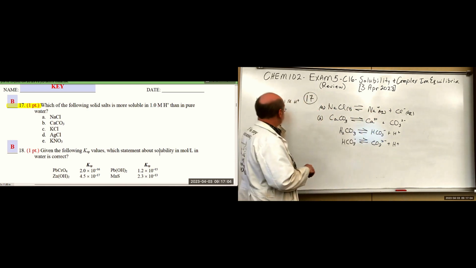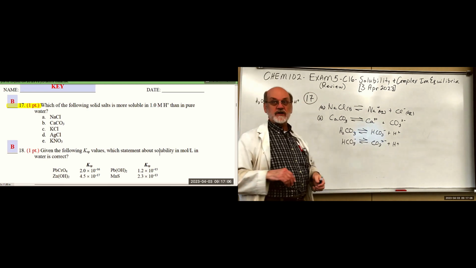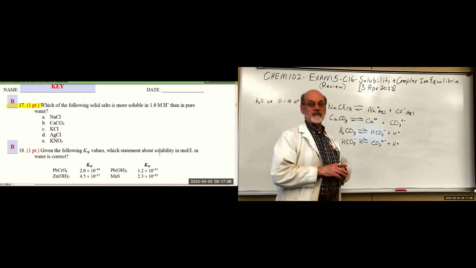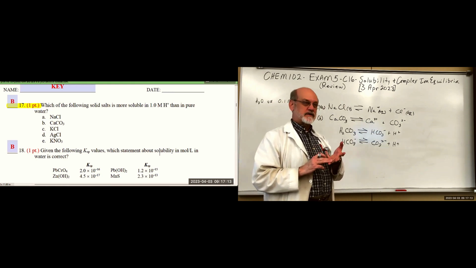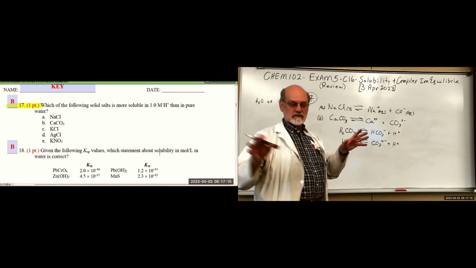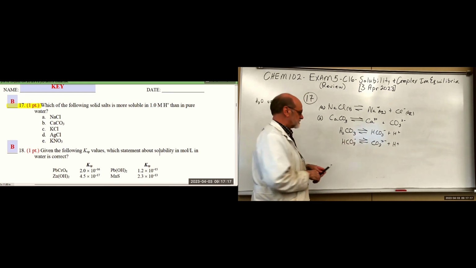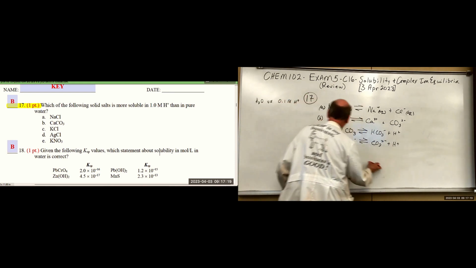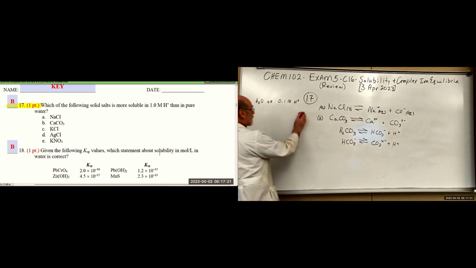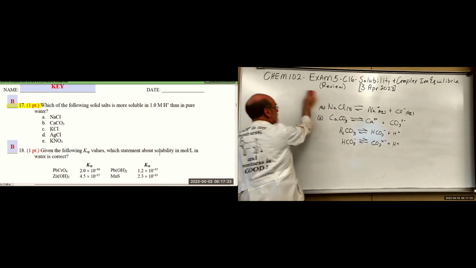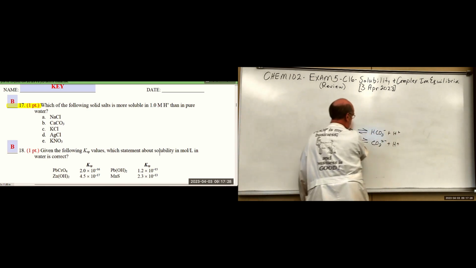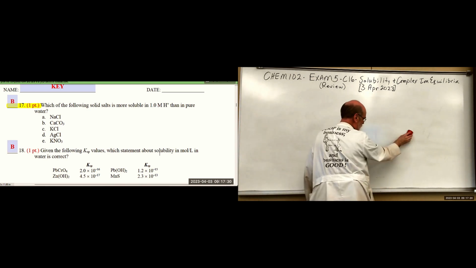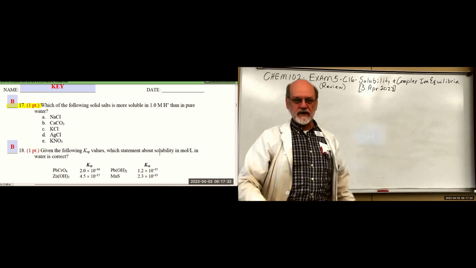In this case, we're looking for the strong conjugate base, and it's the only one of that bunch, because the rest of them have chlorides or nitrates, and those are all weak bases. So we found our answer. B is the answer because carbonate is a strong conjugate base of a weak acid. That was the whole point of that question. Took me forever to describe it, though.